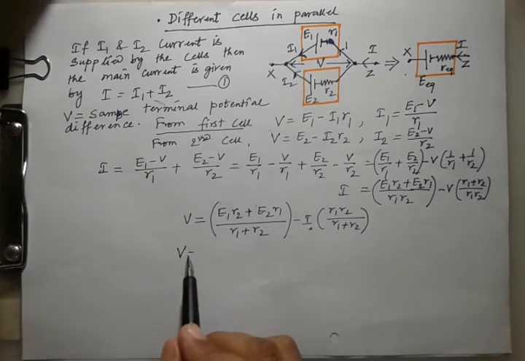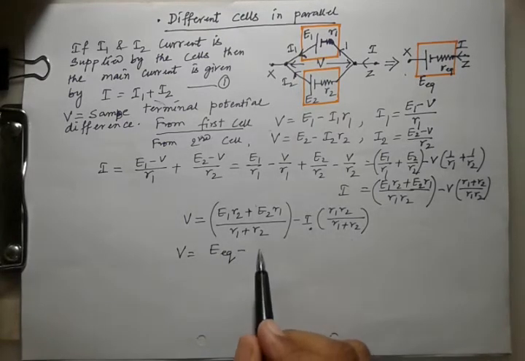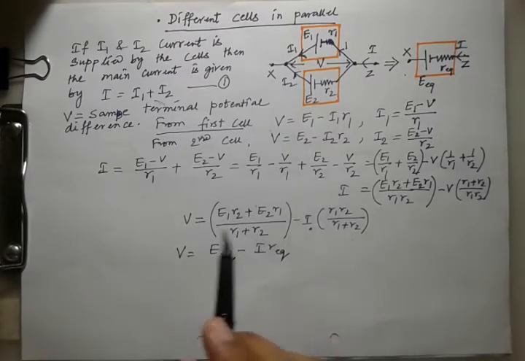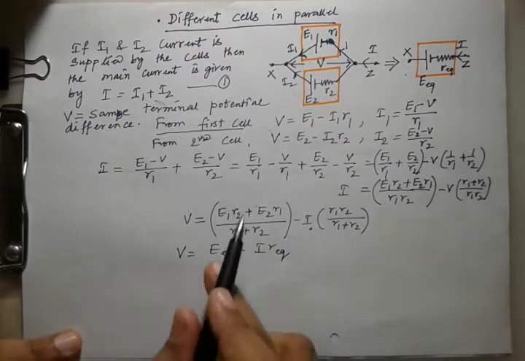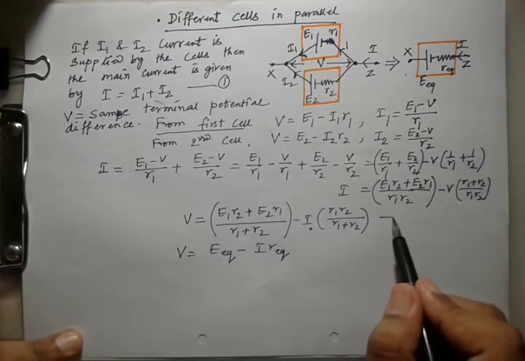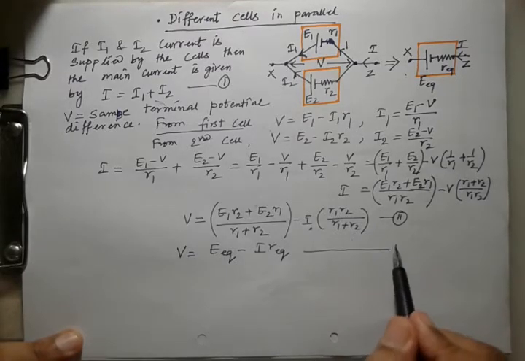So you can write V is equal to E equivalent minus R equivalent I. So this is the formula. Now what is the equivalent EMF? Comparing both the things, I give the number: this is equation number 2, and this is equation number 3.